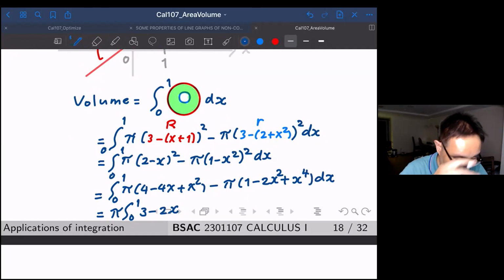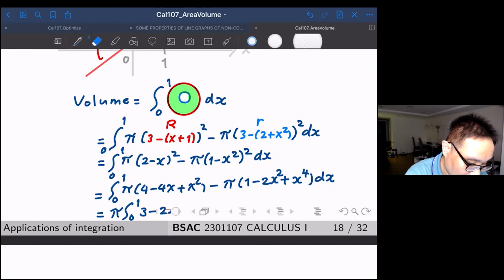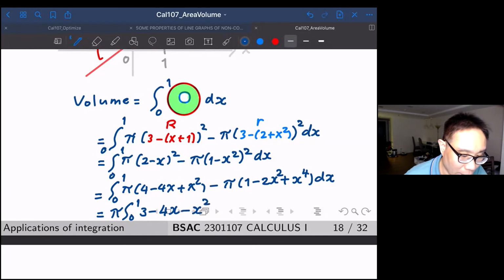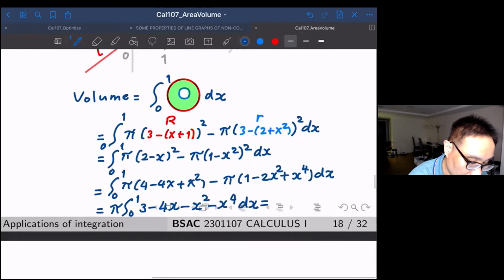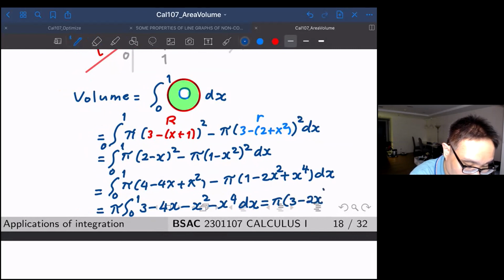So you get pi times (3 minus 4x plus x squared minus x to the fourth), which is 3 minus 2x squared... and you integrate this one: pi times (3x minus 2x squared plus x cubed over 3 minus x to the fifth over 5) from 0 to 1.